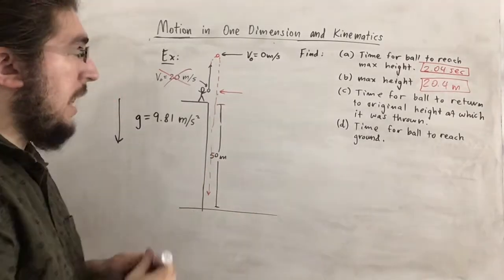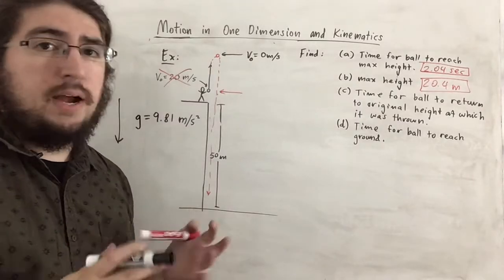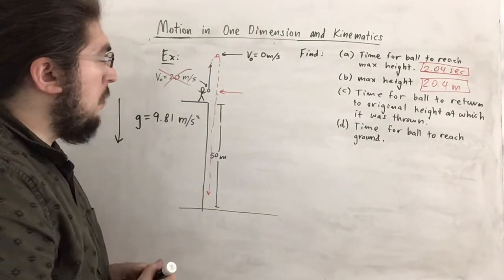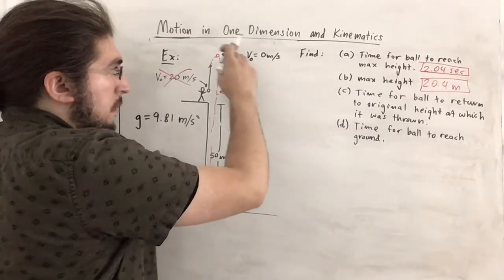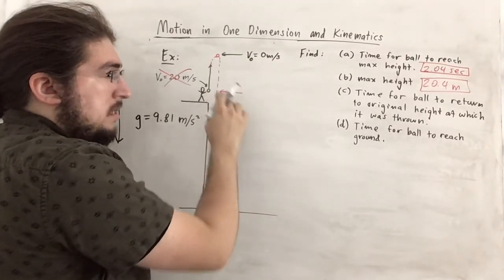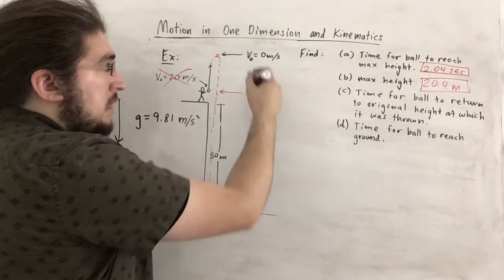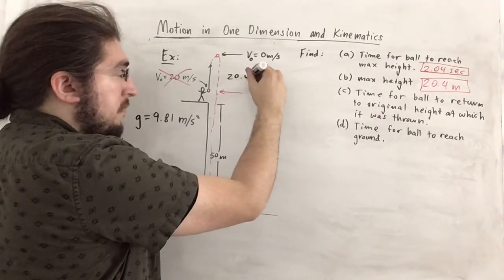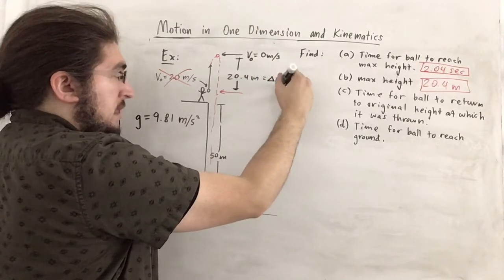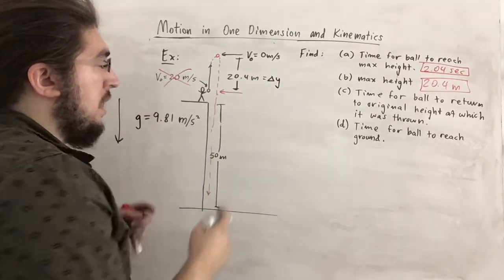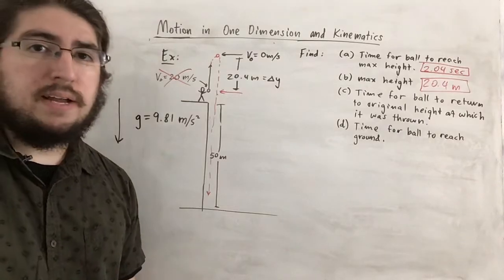We don't know the actual velocity here, and that's fine, we're not asked to find velocity. But we want to find the time it takes for the ball to get back down here to the original height. And we know the height, we just found out that's 20.4 meters. So we have delta y, we have v naught, we have g, and we want to find t.